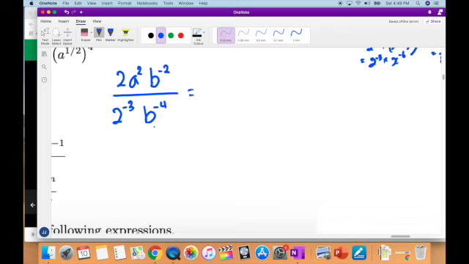Because everything is being multiplied, would you agree that this is true? 2 over 2 to the negative 3 multiplied by a squared b negative 2 all over b to the negative 4. Would you agree that that is true? I just basically pulled the numbers out, and Caitlin, would you agree that is true?